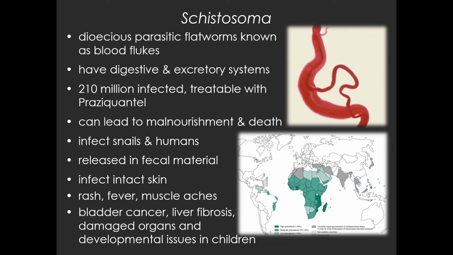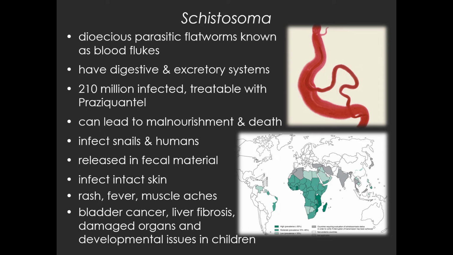They have digestive and excretory systems, and it is estimated that there are about 210 million people infected with Schistosoma today. Though it is treatable with praziquantel, it is really isolated primarily to the African continent where these worms are common, and without treatment it can lead to malnourishment and death.